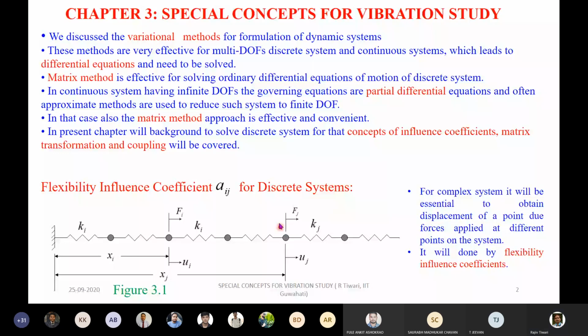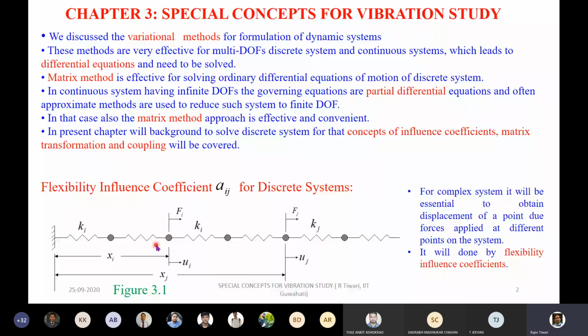Now we want to know what is the displacement because of this force at the ith mass. All other forces are absent. Only force Fj is acting, and we want to find out what is the displacement because of this at the ith mass location. So how can we connect them?